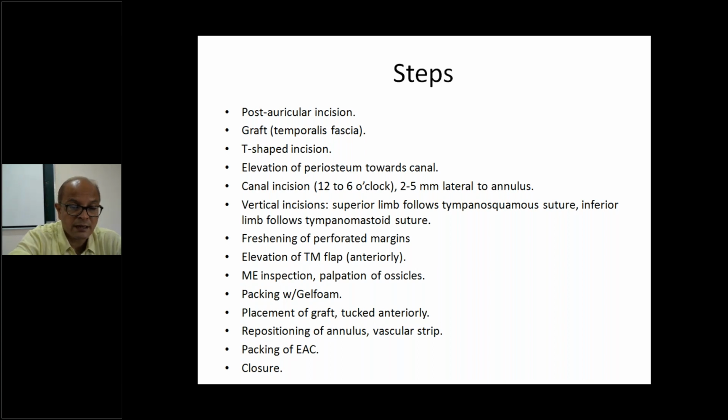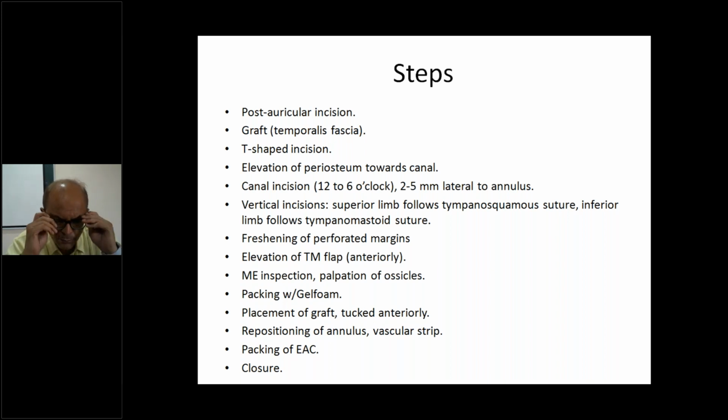So the graft is placed medial to the remnant tympanic membrane and medial to the handle of malleus. Placement medial to the handle of malleus is done only to create a good middle ear space post-operatively.